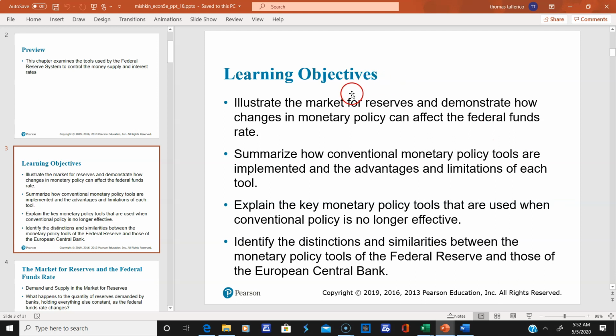So we'll look at the market for how reserves work, reserve requirements, and how changes in monetary policy affect the Fed funds rate. And we'll look at conventional monetary policy tools that are implemented.